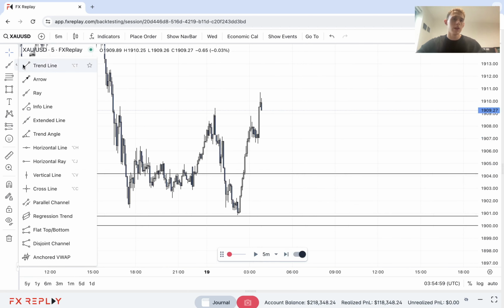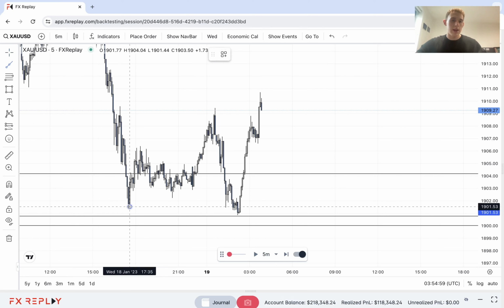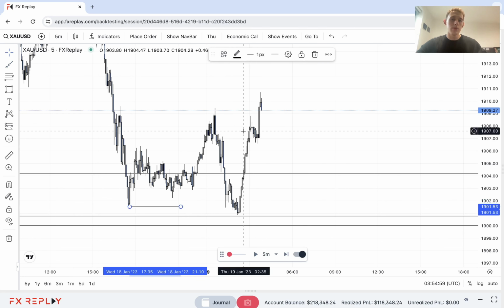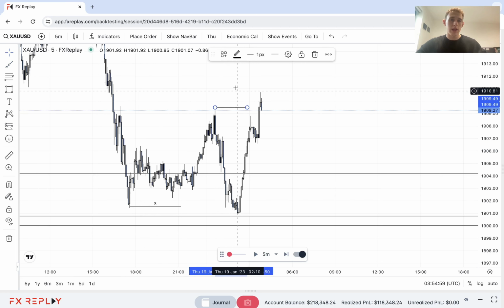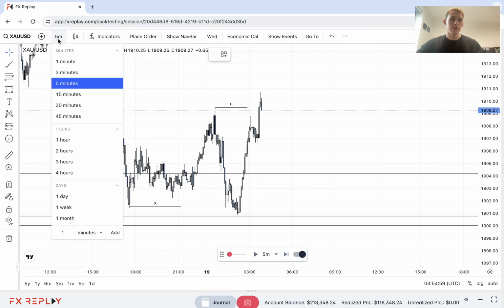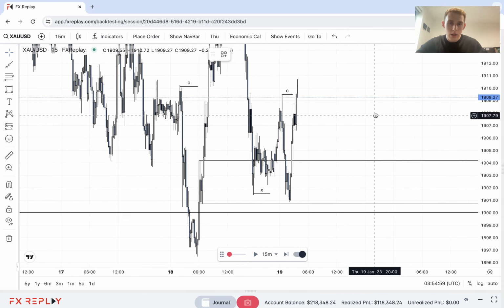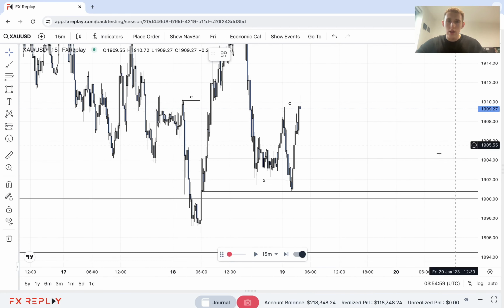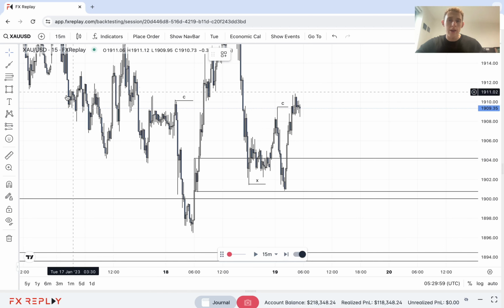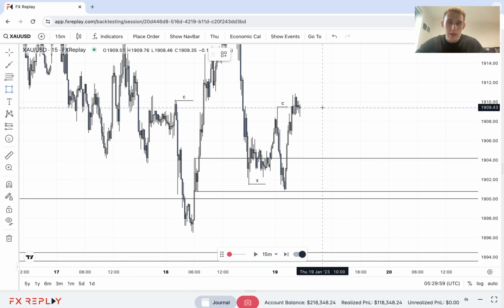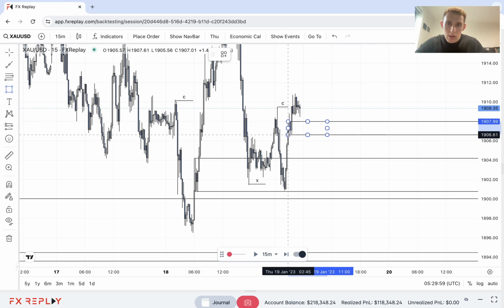And there we go. So we've had a sweep of this initial tap where people were buying. We've then had a break of this high. As for areas to enter from, we have this zone.